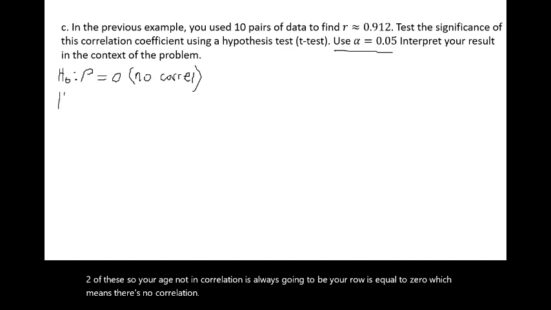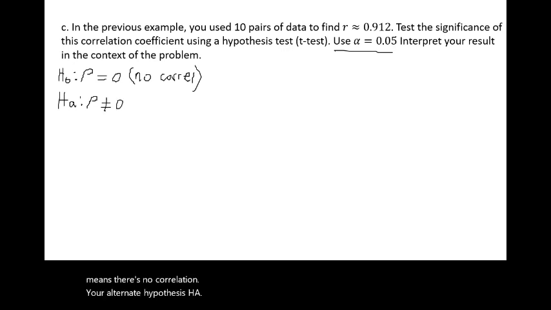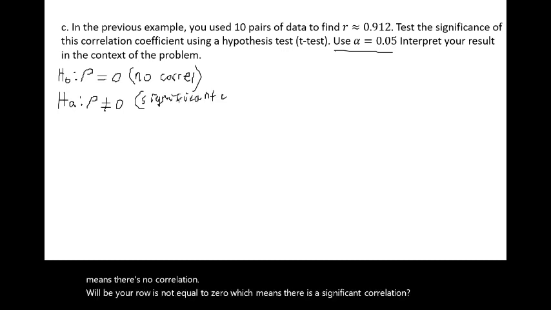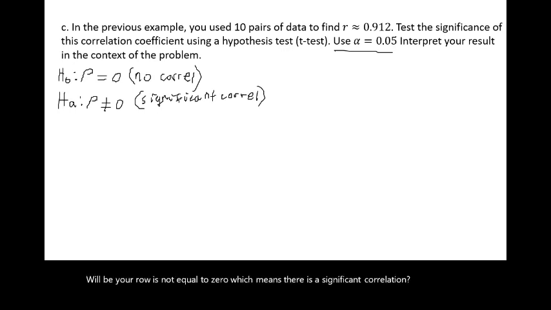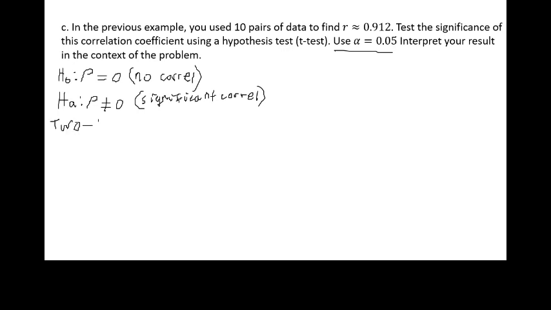Your alternate hypothesis, HA, will be rho is not equal to 0, which means there is a significant correlation. Since your HA contains a not equal to symbol, this is a two-tailed test.